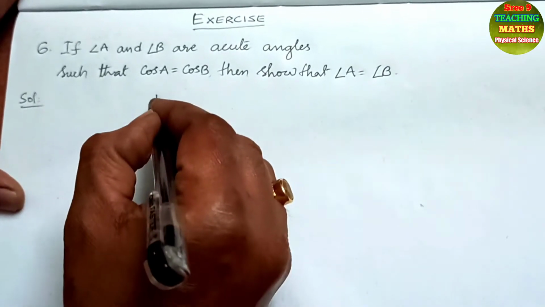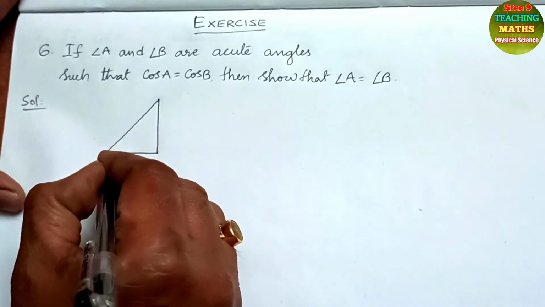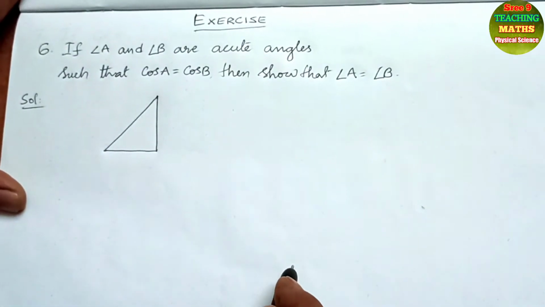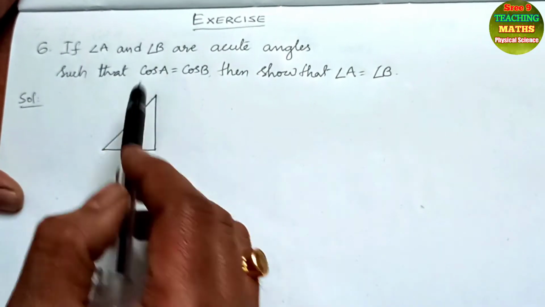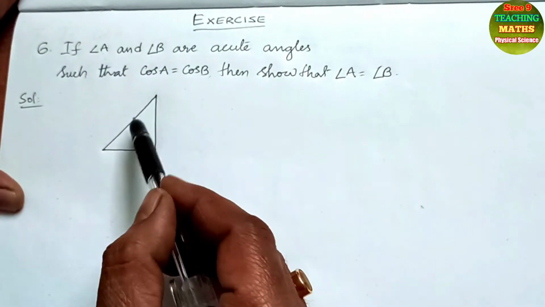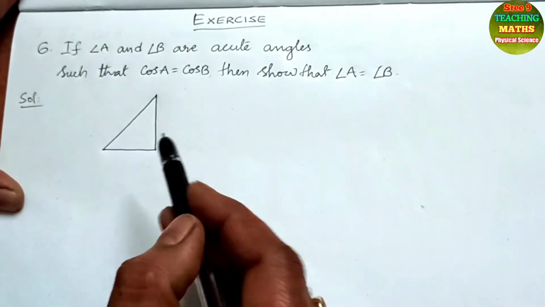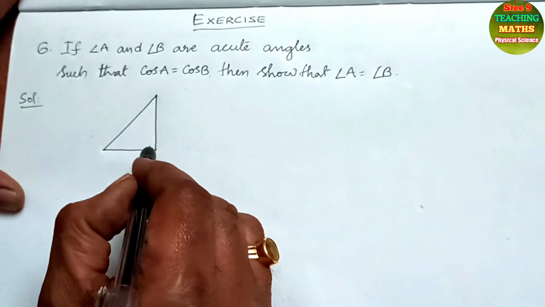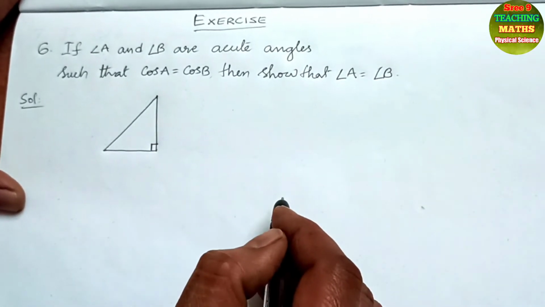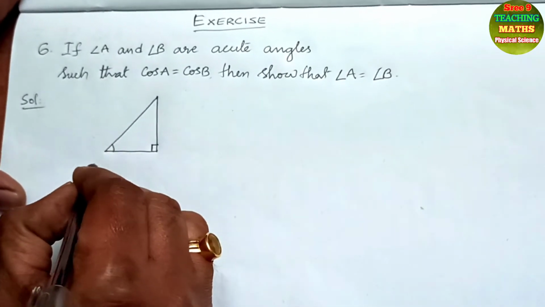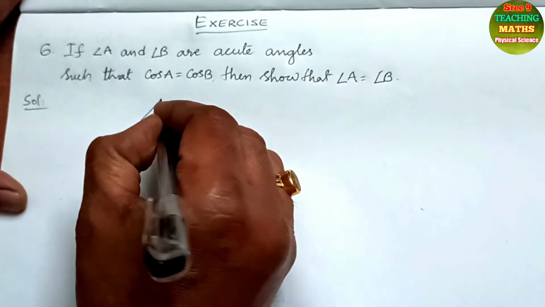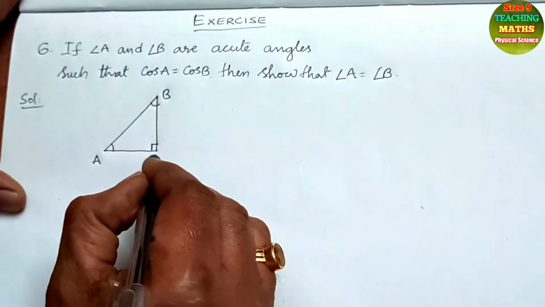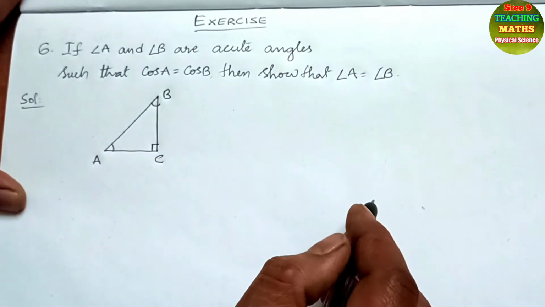If A and B are acute angles, the right angle will be at the remaining vertex, so I am writing A and B, and the third vertex will be C.